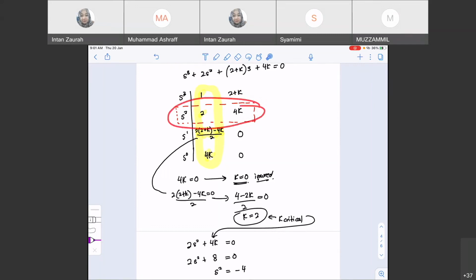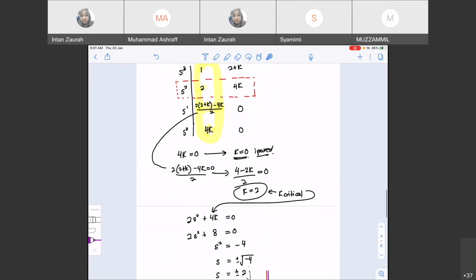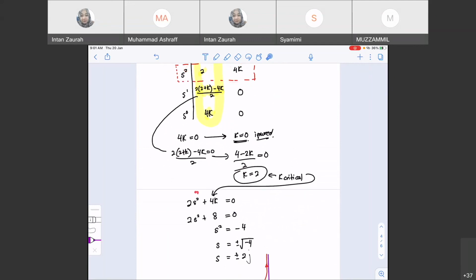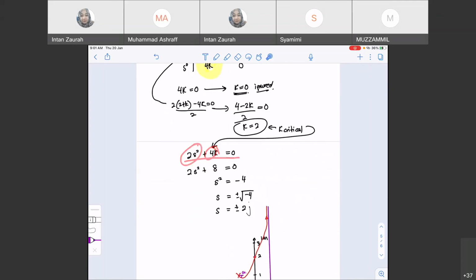Okay, so I will take that and I write in this form. 2s squared, because I know this 2 is actually the coefficient of s squared. This 4k is the coefficient of s0. So 2s squared plus 4k equals to 0. Okay, and then I solve it for s. Okay, is that right?